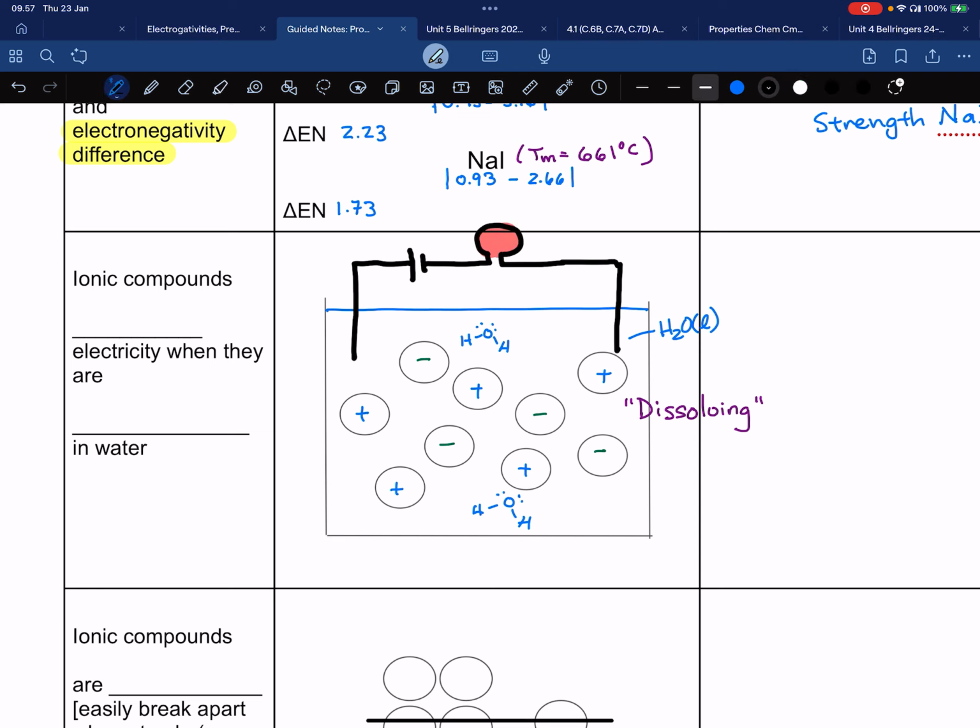And so that was telling us that it conducted electricity. So ionic compounds conduct electricity when they are dissolved in water.